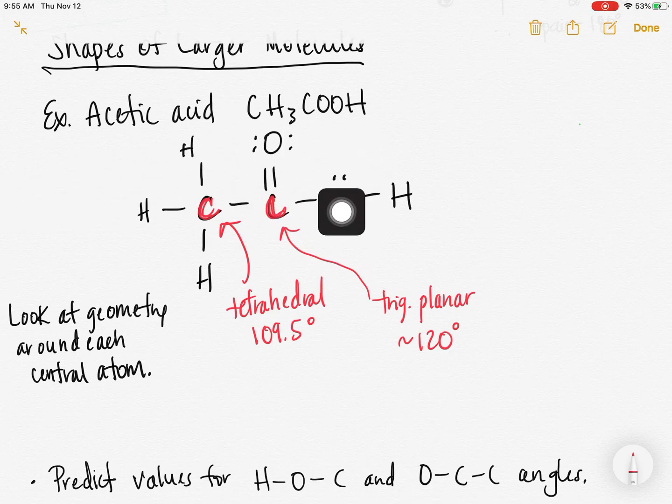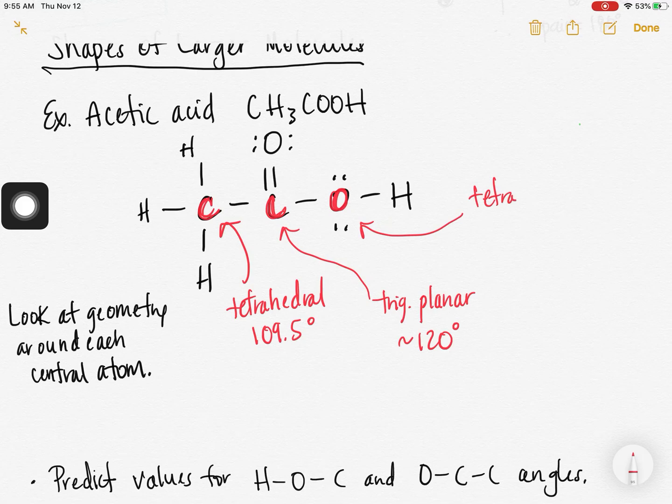That's going to change it a little bit. And then around my oxygen, I have 1, 2, 3, and 4 electron domains, which is going to stem in a tetrahedral arrangement with bond angles of, again, approximately 109.5. We know it's going to be smaller, though, because of the compression from the lone pair.